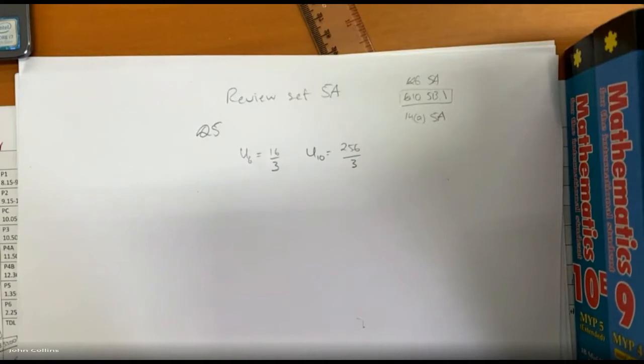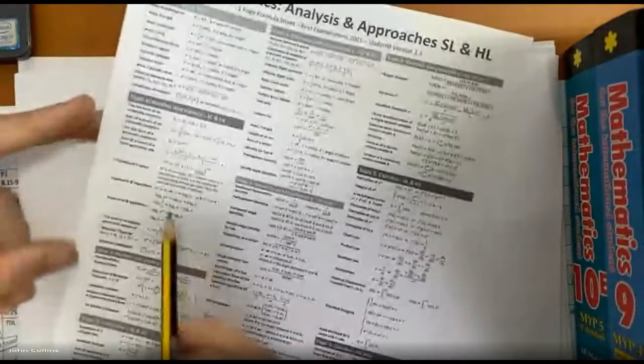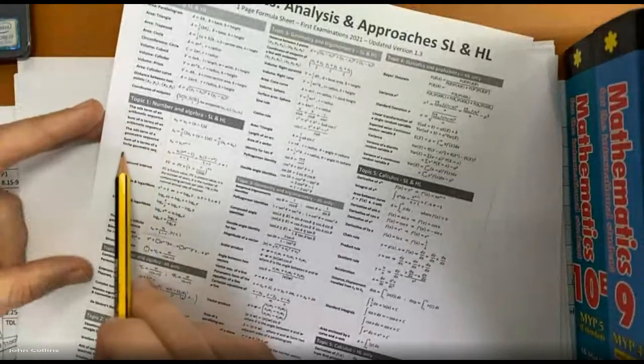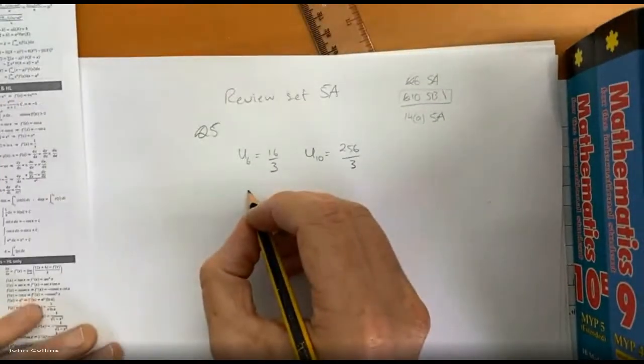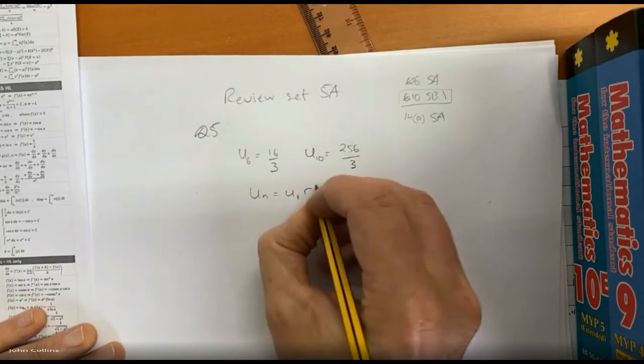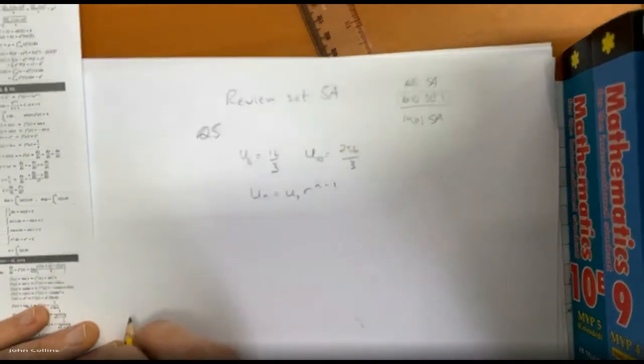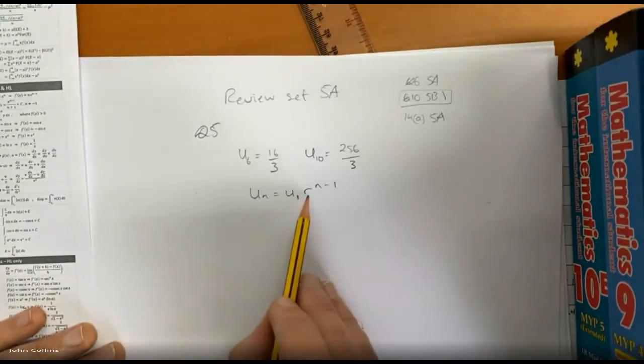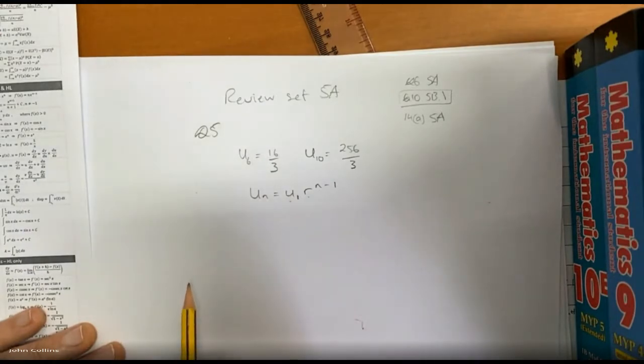I'm not sure what to do, so I'm going to go to my formula booklet. The nth term of a geometric sequence is given by un equals u1 times r to the n minus 1. Okay, so I've set myself up. Now I need to find just the ratio and the first term.